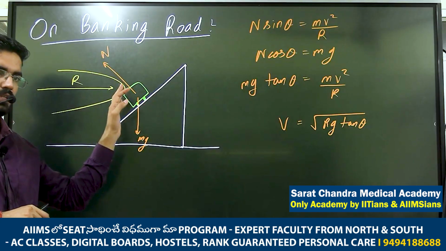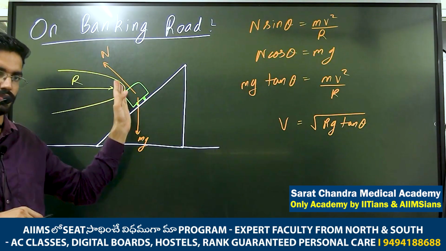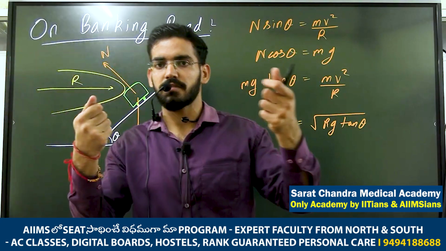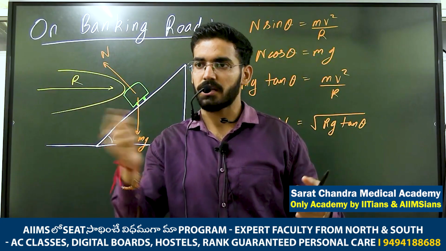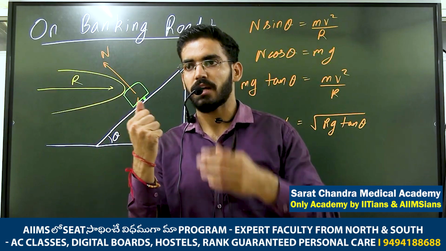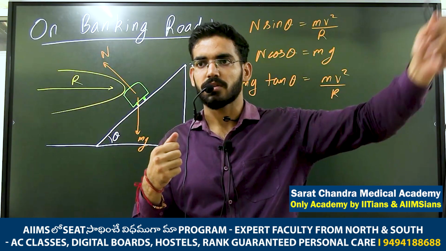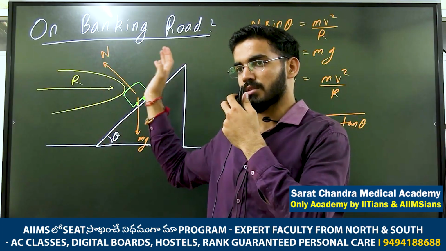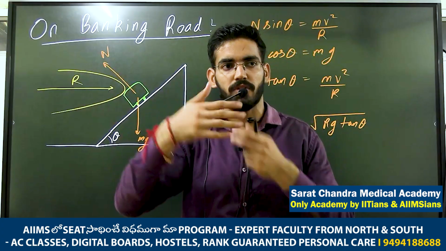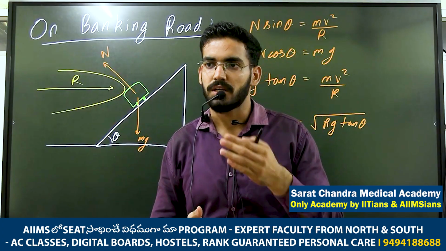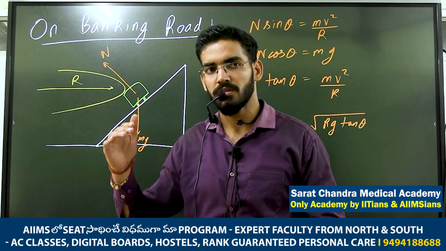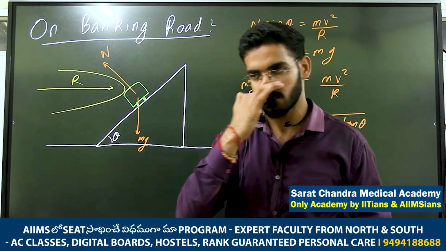So here what will happen? This is not sufficient enough, so he will slide out. Let's say you are holding a stone and rotating it, but you are not holding it properly. What will happen? It will go out. Similarly, if n sin theta is not enough, then he will go out. So if you increase the speed, your requirement of the centripetal force increases, but n sin theta was constant only. So you will go out. Understood?